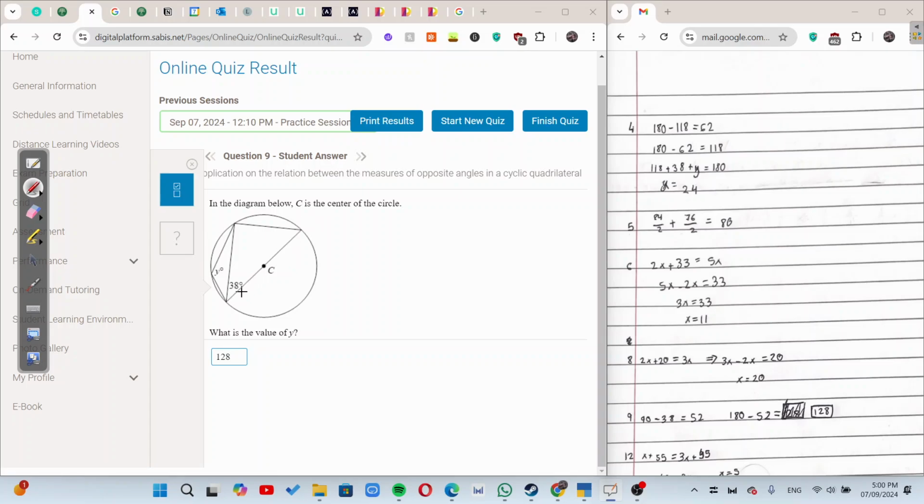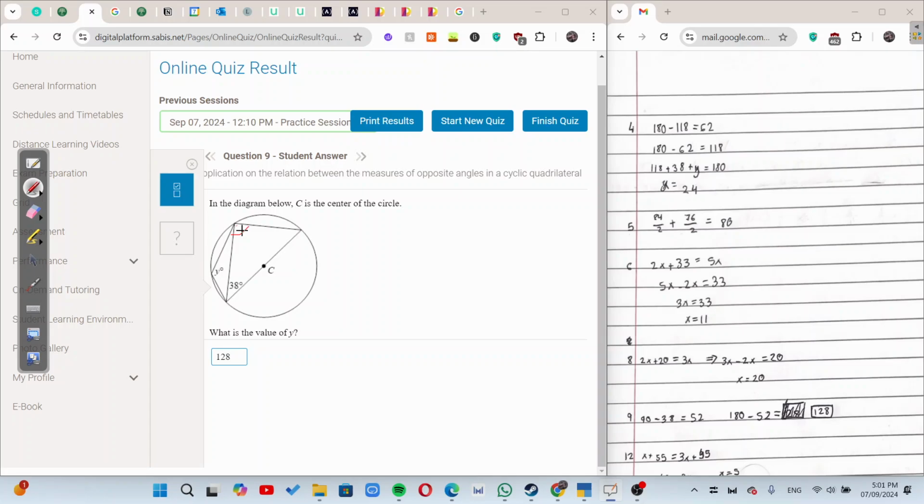So we know that anything opposite to it is 90 because, again, we've discussed it before in previous questions. So this is half of whatever this angle is. Since this is 180, this must be 90.